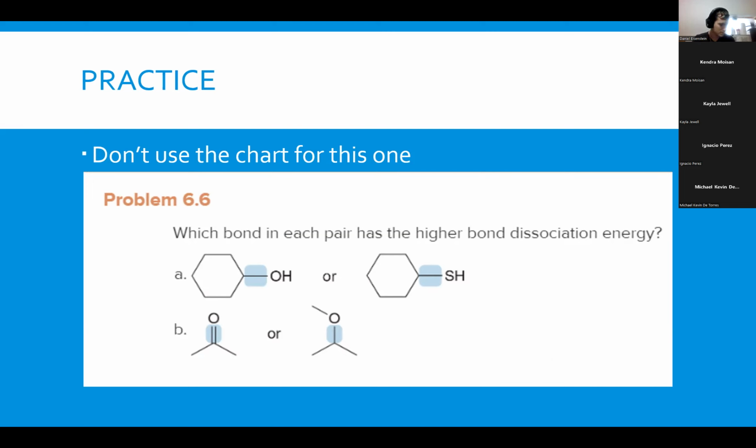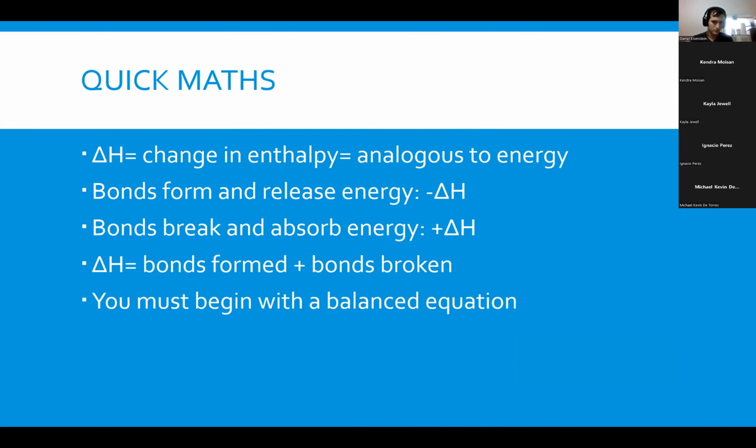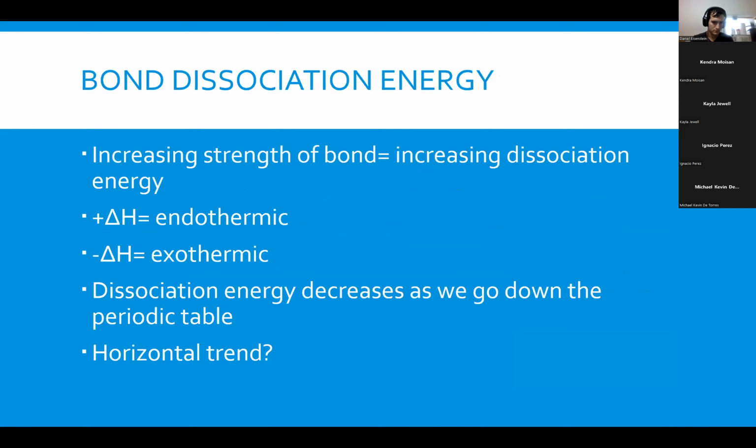Does it make sense? Nice. Row 4, dissociation energy decreases if we go down the periodic table.